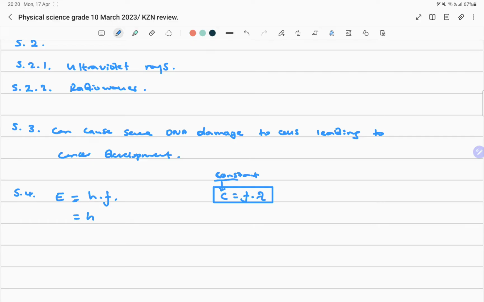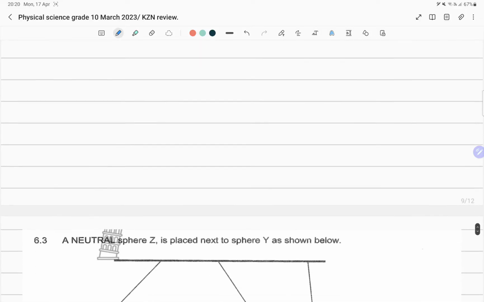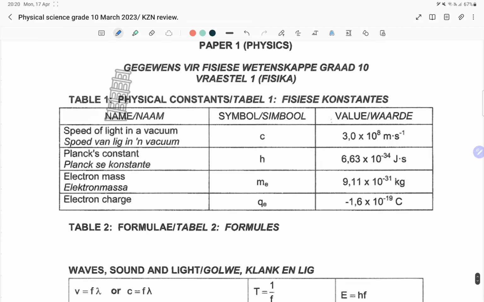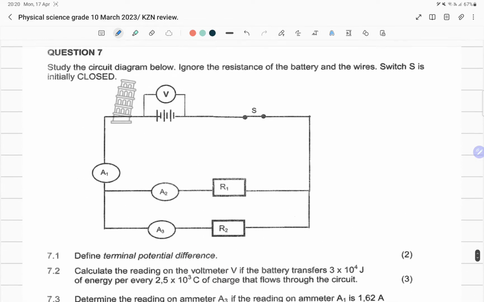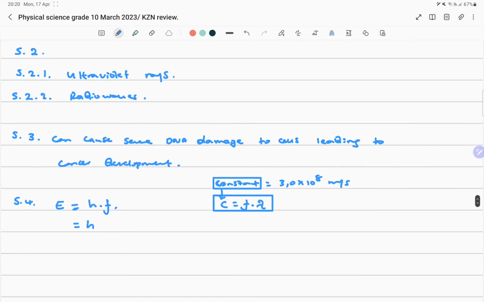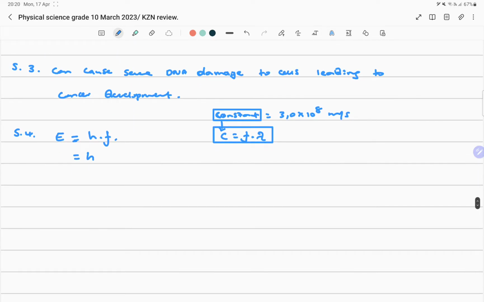We know that this is a constant and its value is 3,0 times 10 to the exponent 8 meters per second. But again, if you forget that constant, we come here and check it out. It is, yes, 3 times 10 to the 8 meters per second. So from this general equation, if we have wavelength, we can determine frequency.